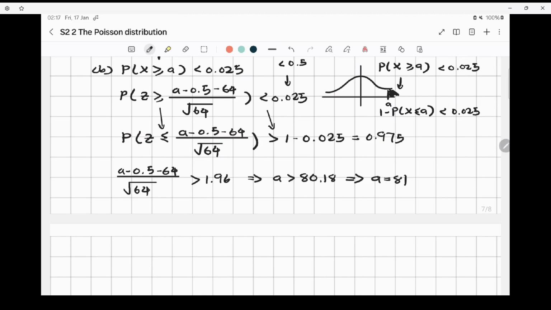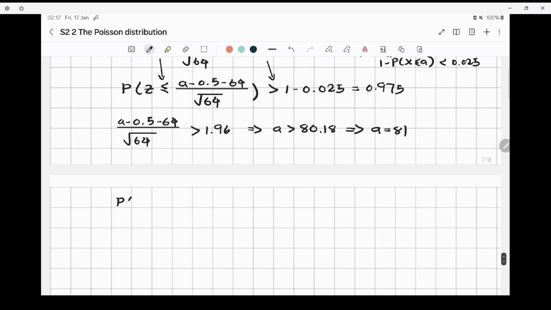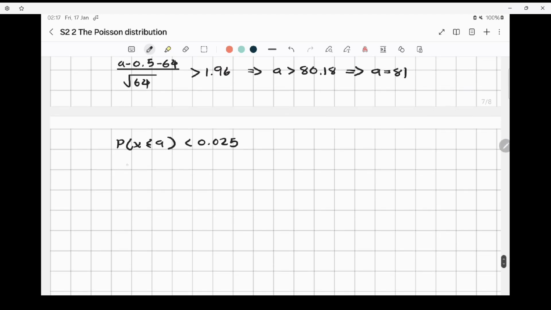So now calculate the left tail. The left tail smaller than some number is smaller than 0.025. So then you have something like this. So you want to include the number of a, so you need to plus 0.5.